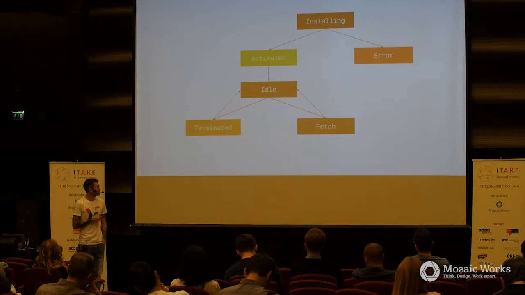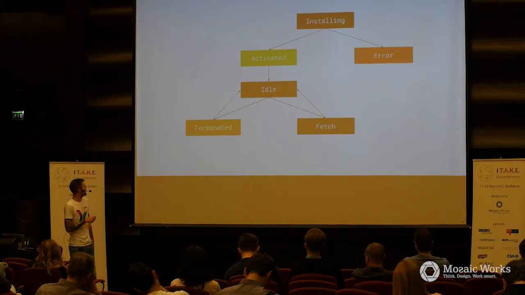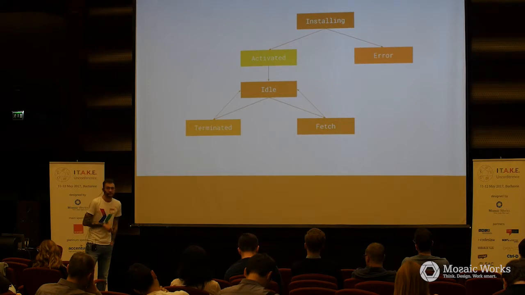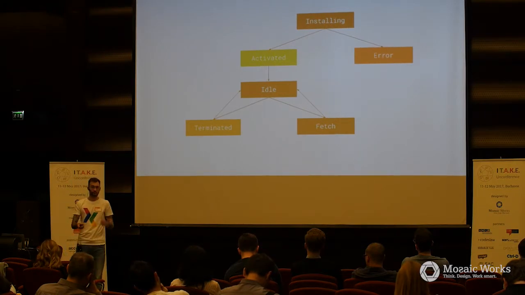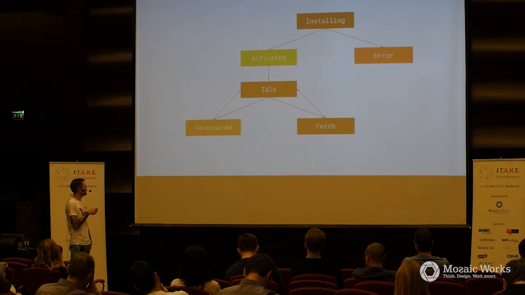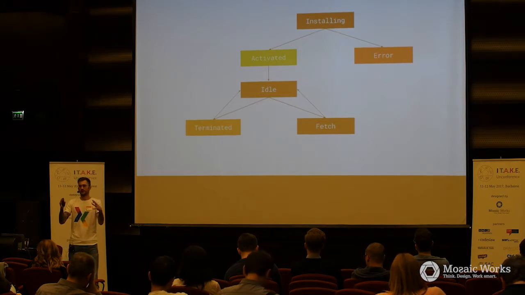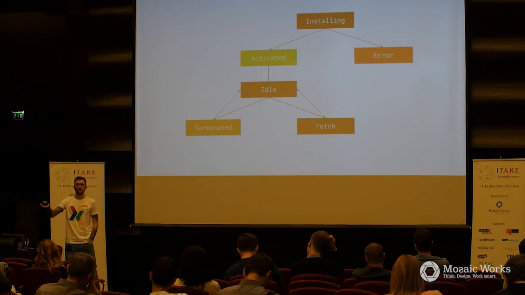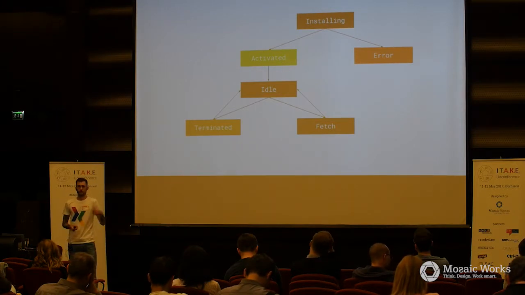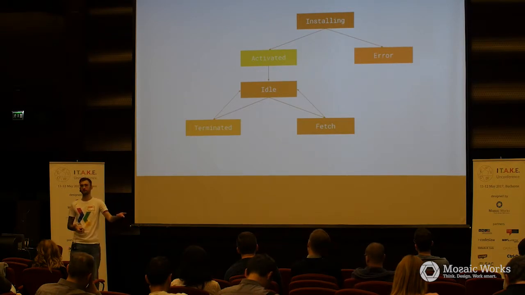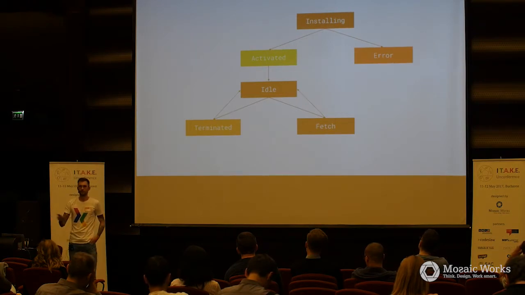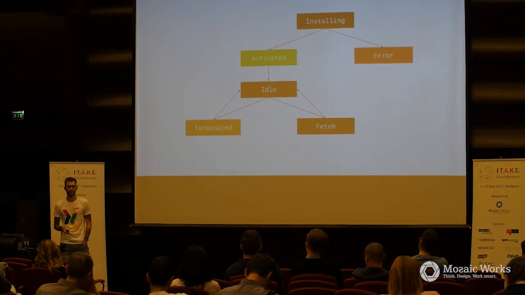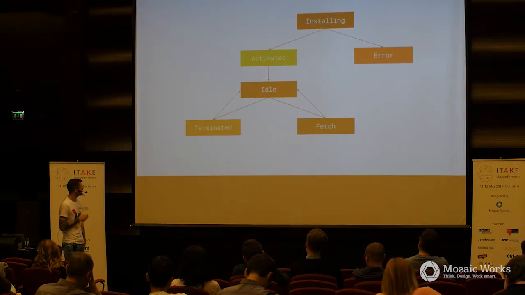There's an installing phase, which can fail, of course, but if everything goes well, the service worker is activated, it's ready to take control over your cache and your page, and then when a request comes in, you can basically catch that request at the programmatic level and say, if I have it in the cache, I'm gonna serve it. And this is just one of the strategies that you can use, which is called cache first, then network, but it's not the only one. You can first pull from the network and then store into cache, or cache only, or whatever. And cache only would probably not be a very efficient one.